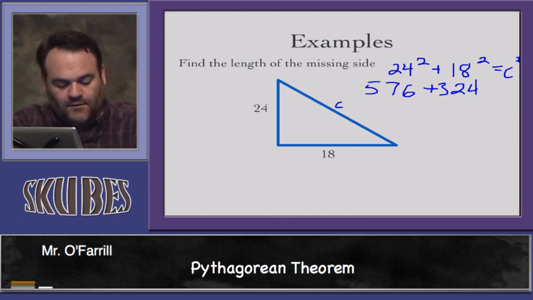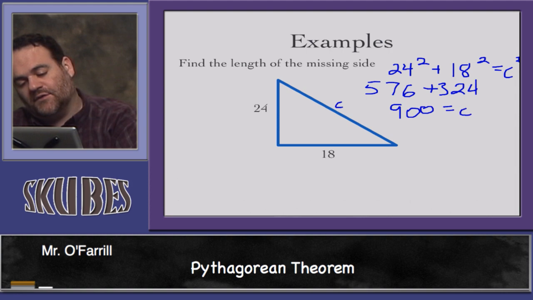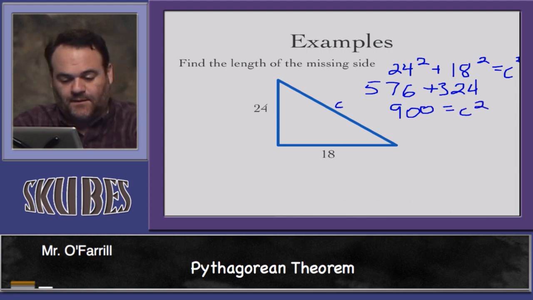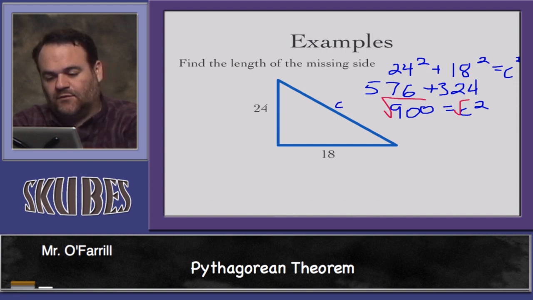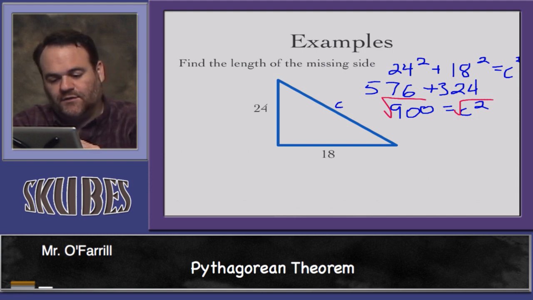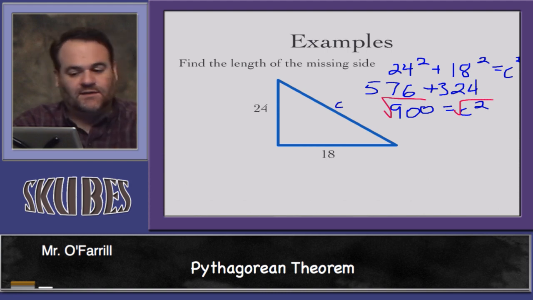324 plus 576 is 900, which equals c squared. So all we need to do now is take the square root of both sides. Well, the square root of 900: the square root of 9 is 3, the square root of 100 is 10.